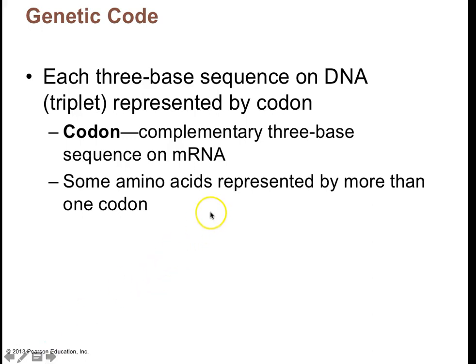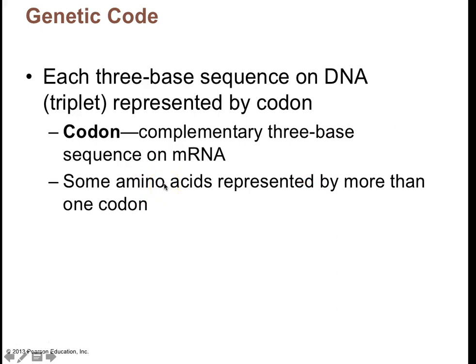All right, the genetic code. I don't want you to memorize the genetic code. I don't really need you to know how to use the genetic code. But the genetic code is a way of understanding which triplet nucleotide sequence stands for which amino acid. So you have different nucleotide triplets for each of the 20 different amino acids. Some of the amino acids are redundant.